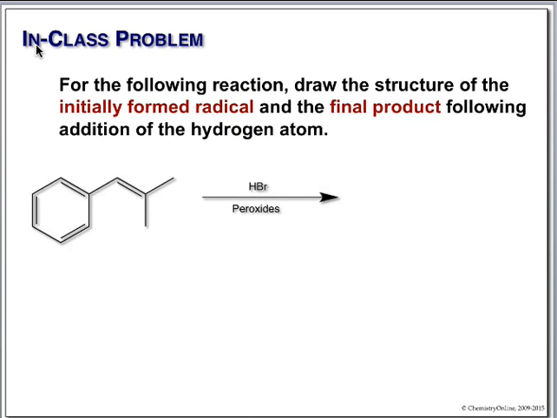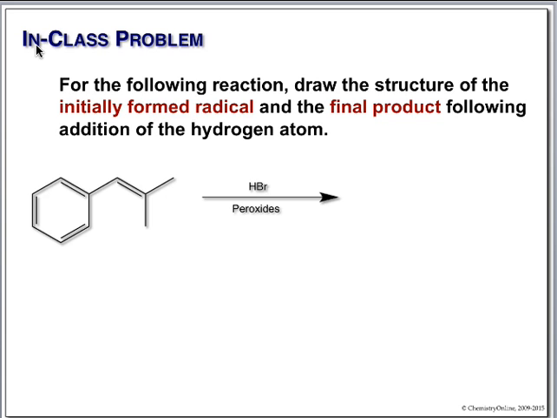In this one, we are going to do a mechanism. You will have mechanism questions on the exam. They'll look pretty much like this, little boxes that you put stuff in. We see we are doing HBr with peroxides. We know that this is a radical reaction. We have an alkene, and the first step is going to be addition of bromine radical to form the most stable carbon radical.